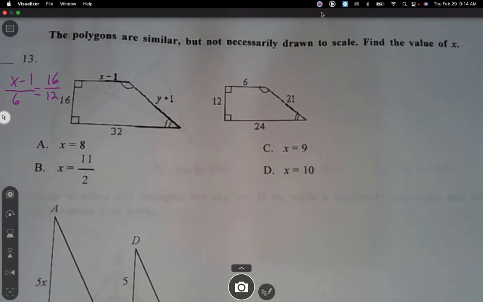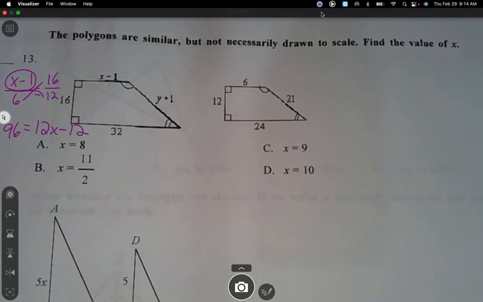Yeah, 32 over 24, any of that. So we cross multiply. What is 6 times 16? 96. And then 12 is going to multiply by both of those things. So 12x minus 12. Then how do I solve for x?